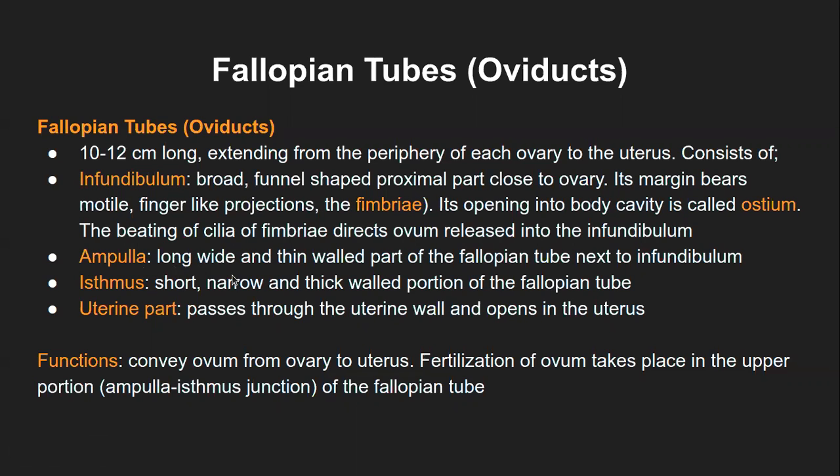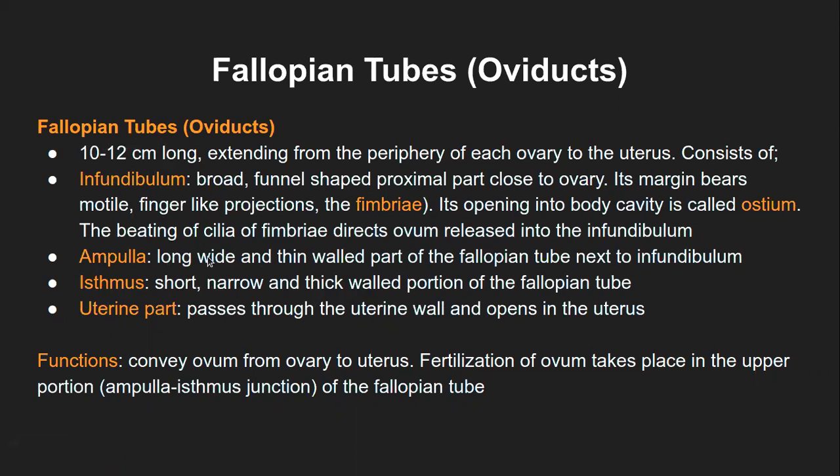Ampulla is just a long, wide, thin-walled part of the fallopian tube next to the infundibulum. It's just a little wider, and that's why it is called ampulla. Otherwise, it is still part of the simple fallopian tube. Isthmus is the short, narrow, and thick-walled portion.